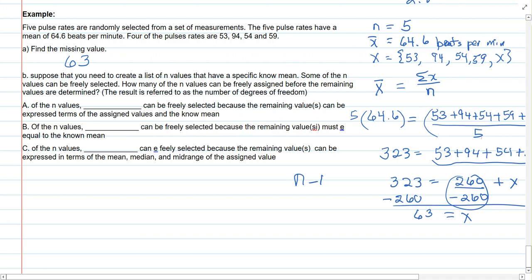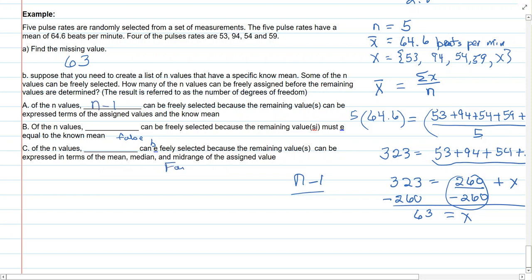This is not equal. So this one is false. Even if we use n minus 1, of the n values, n minus 1 can be freely selected because the remaining values can be expressed in terms of the, no, that's too much information there. This one is false.